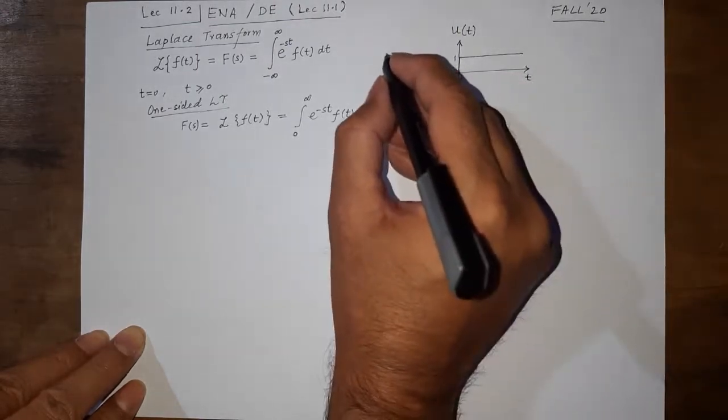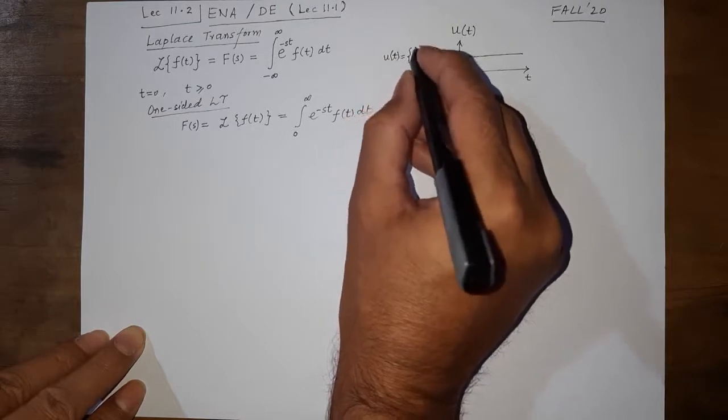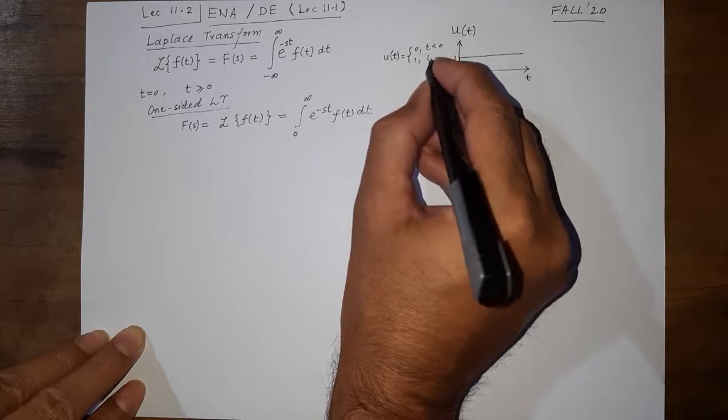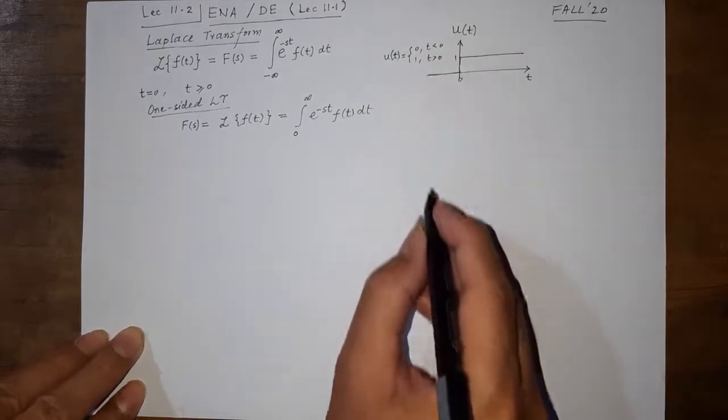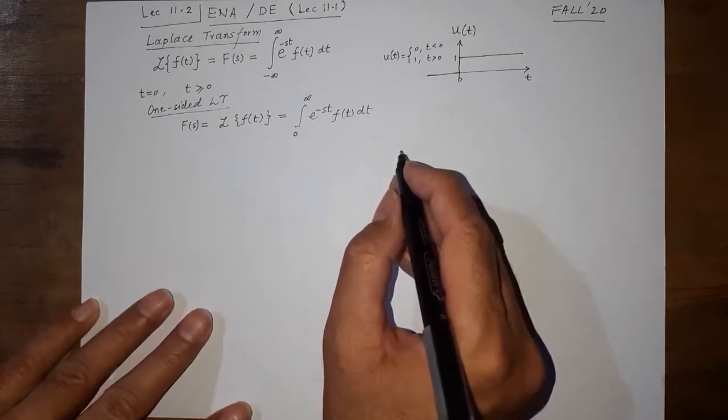That is why it is known as a unit step function. It is not defined at t equal to 0 because there is a jump there.